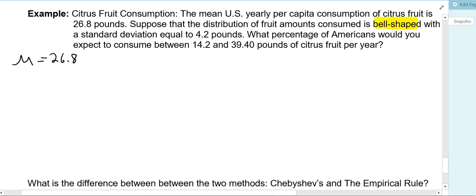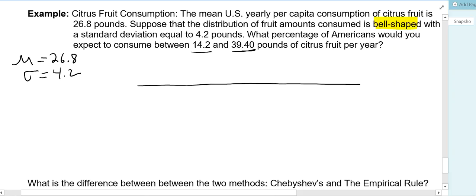I love that word, bell-shaped, don't you? With a standard deviation of 4.2 pounds. I want to know the percentage of Americans that would be expected to consume between 14.2 and 39.4 pounds of fruit.